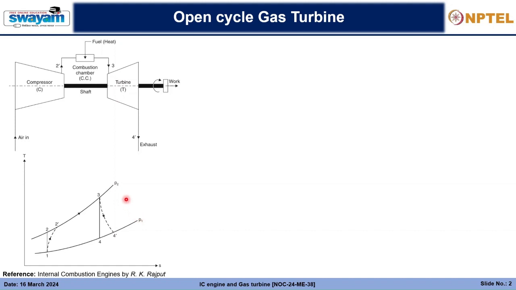There are certain efficiencies related to turbines and compressors, and due to these efficiencies, the process inside the turbine does not follow an isentropic path.